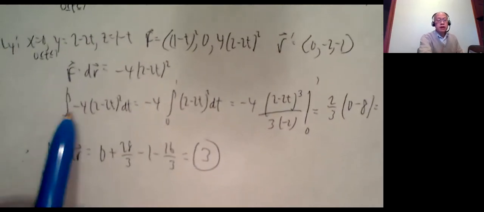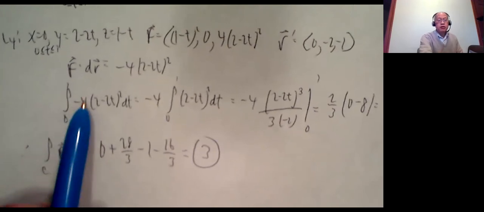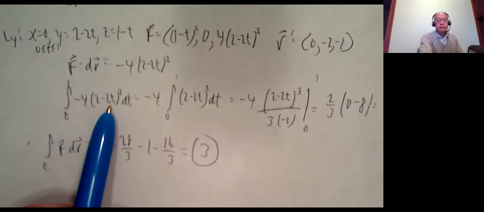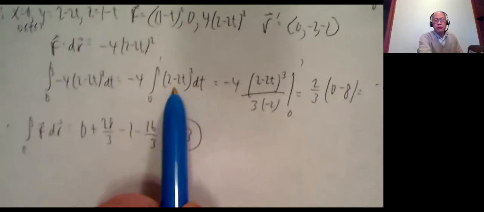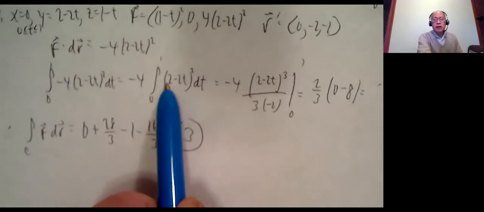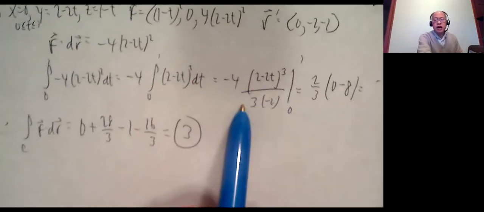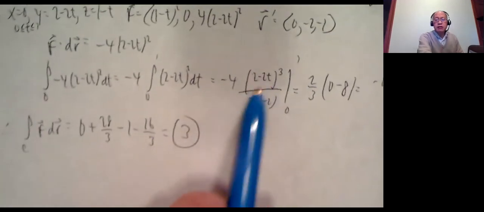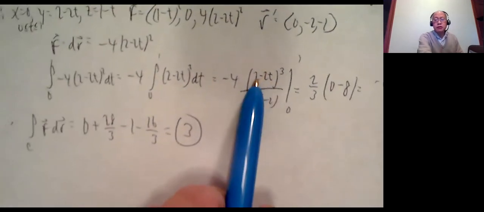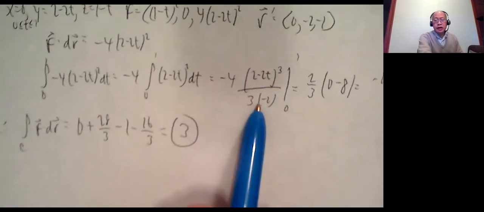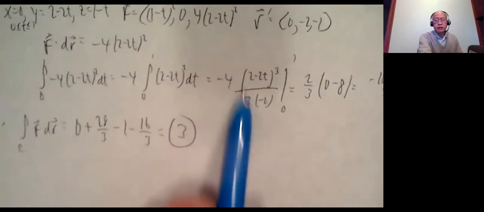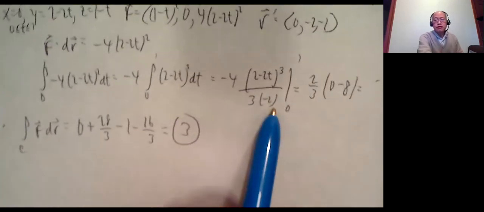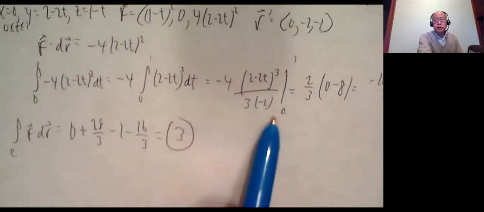All right, so the integral from 0 to 1 of -4, 2 minus 2t squared. Take out the -4. I'll do the power rule combined with the chain rule. So I did 2 minus 2t cubed divided by 3. And then by the chain rule, if I differentiate, I'd multiply by -2, so when I integrate, I divide by -2. You could also do a U substitution, but I think it's faster if you do it this way. From 0 to 1.